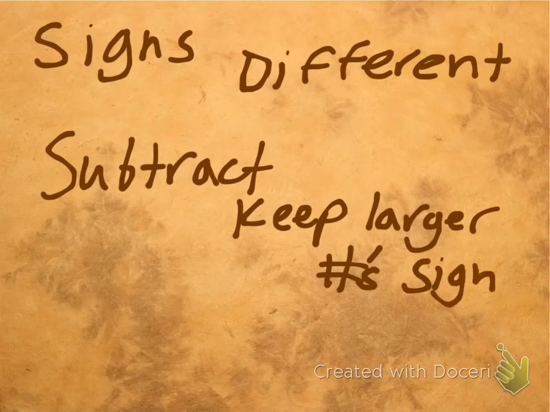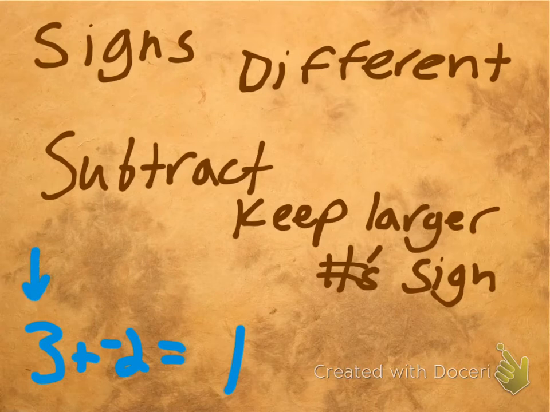Examples of this would be 3 plus a negative 2. We subtract and we get 1. The larger number was 3 and it was a positive, so our answer is going to be positive. The other way would be negative 3 plus positive 2. Signs are different, so we subtract and get 1. The larger number is 3, it was a negative, so our answer is a negative. This is major review from week 1, so it's important that you remember these rules.